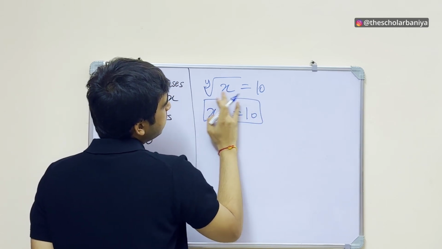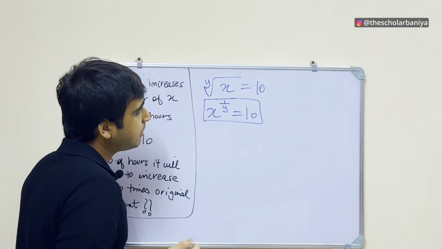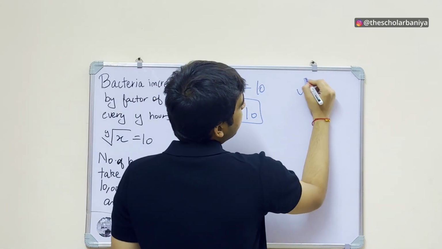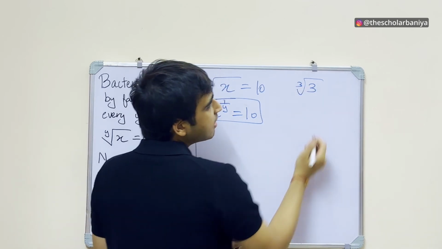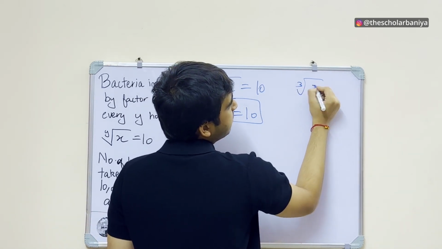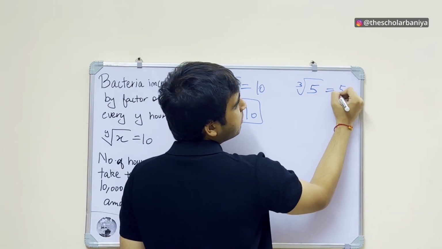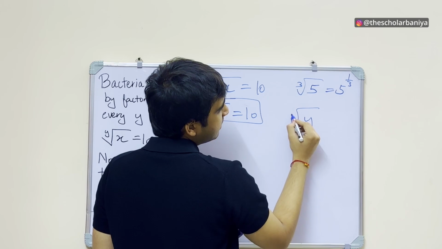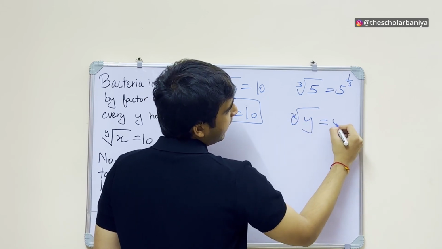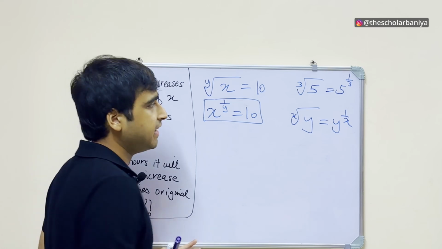I hope this should be very clear, because basically if you see, for example, root 3, and over here if 3 is written, or for example 5, so if 5 and 3 over here is written, it means 5 to the power 1 upon 3. Right? So basically, if this is y, this is x, this means y to the power 1 upon x. I hope this should be very clear, right?